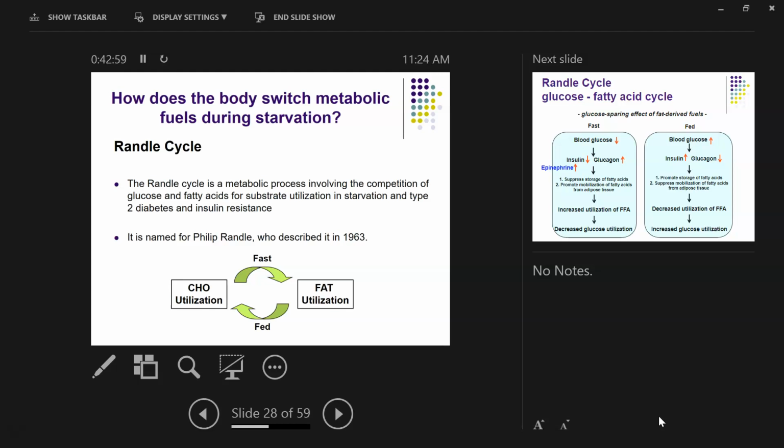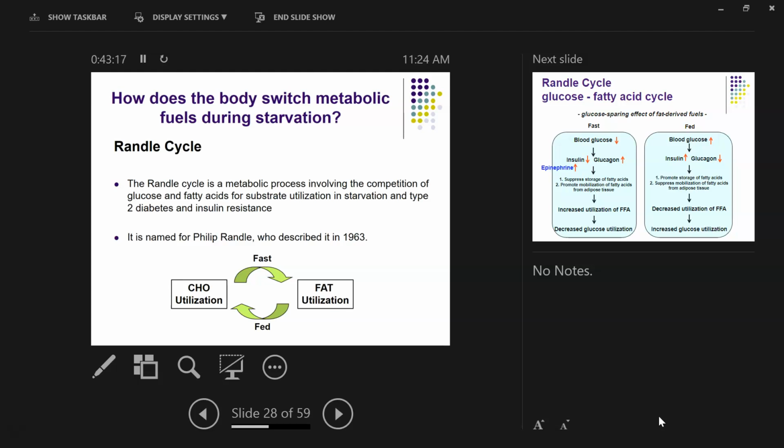So in other words, in general, our body utilizes glucose and fatty acids. They kind of compete.